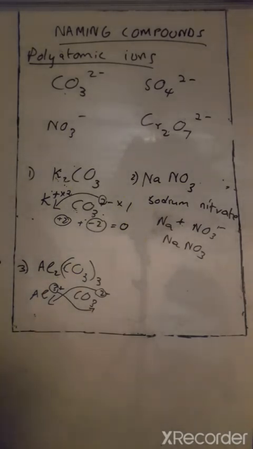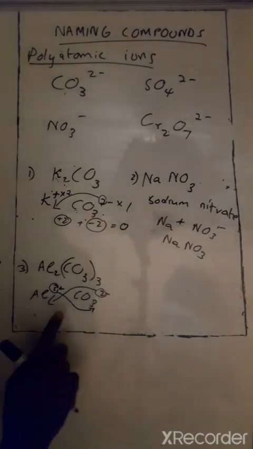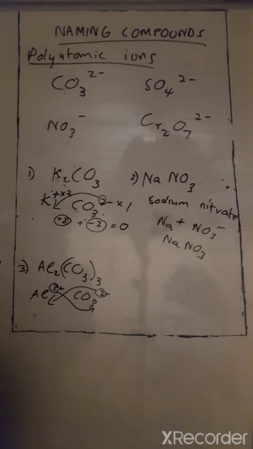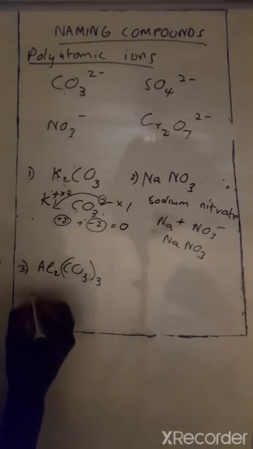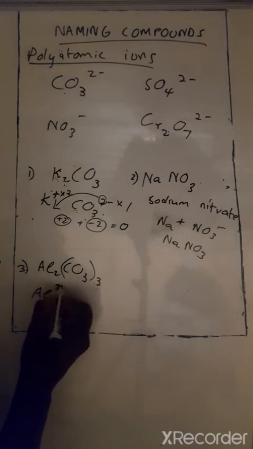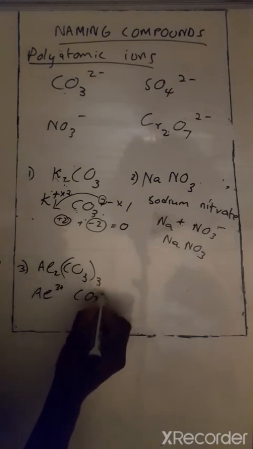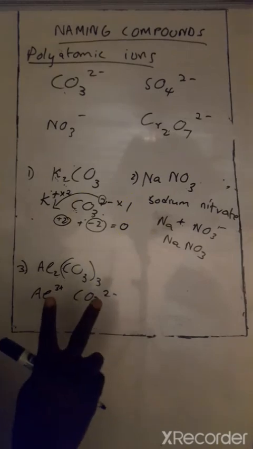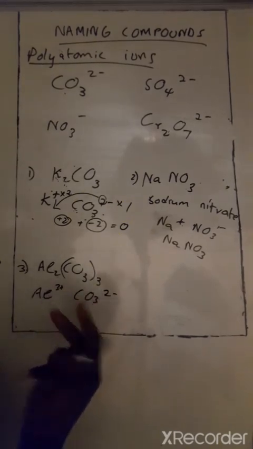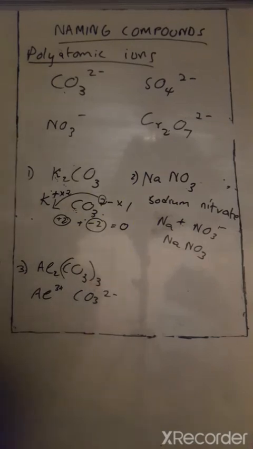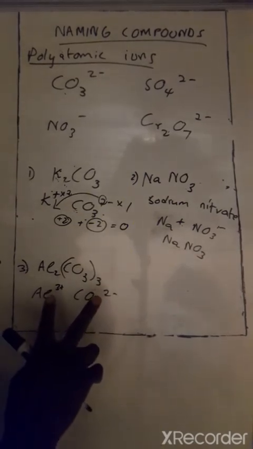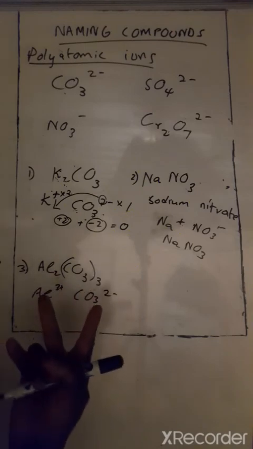All right, lastly, I'm just going to use only this one as our example. Now let's look at aluminium carbonate. Another option is to say Al3 plus, CO3 2 minus, and then do what? Swap the numbers next to the charges and drop them.